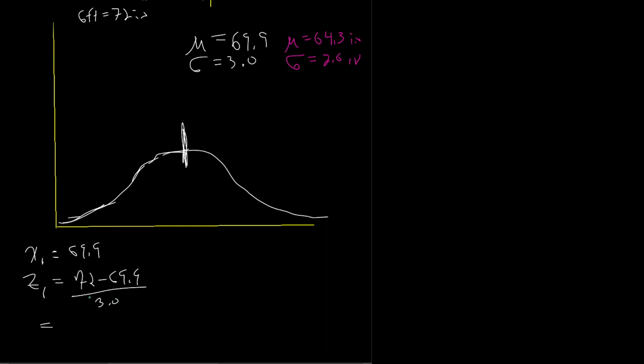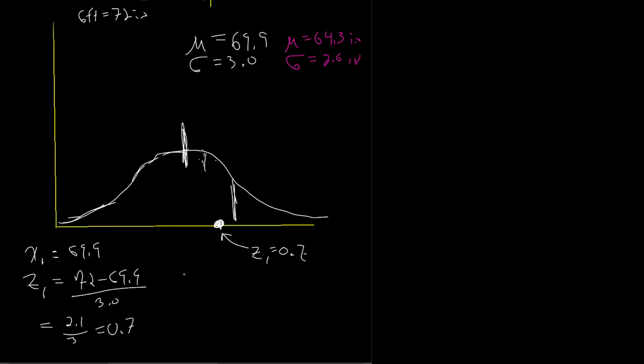Well, 72 minus 69.9 is 2.1 divided by 3, which is 0.7. So a man that is 6 feet tall has a z of 0.7, and it's within that 68%, which is why we don't think it's rare. We don't think a 6 foot tall man is exceedingly tall.